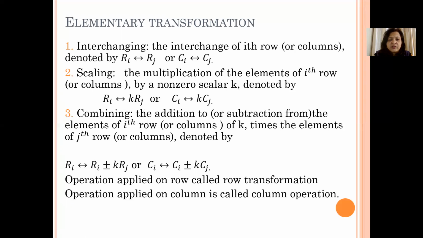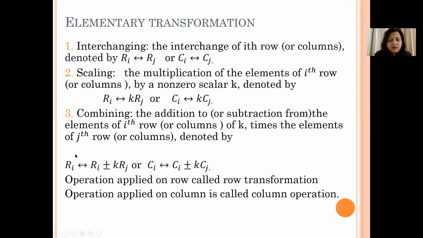These elementary transformations do not change the basic nature of matrix. In the same way, we can change any column Ci by k of Ci. Now the third is the addition to the elements of ith row of k times the elements of jth row.